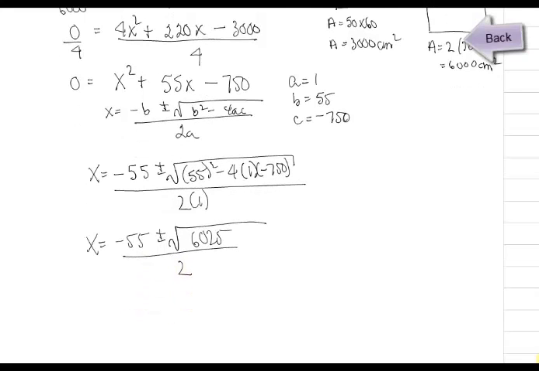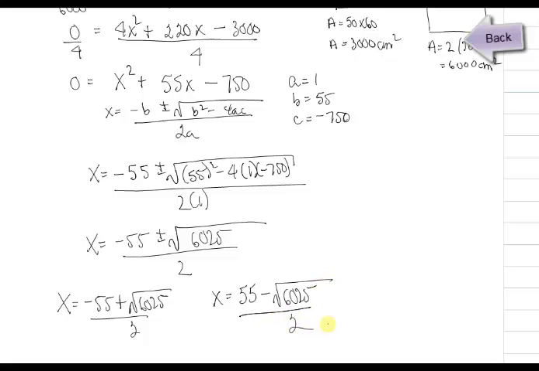And so you're going to get two x values. You're going to get one where x equals negative 55 plus the square root of 6025 over 2, and x equals negative 55 minus the square root of 6025 over 2.